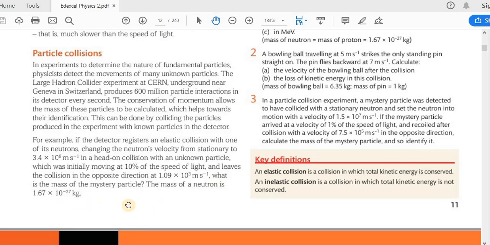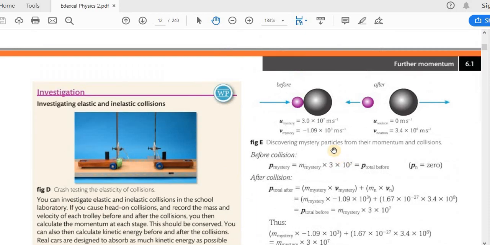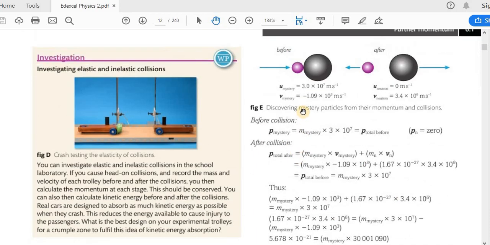When you get a question like this, to make it less complicated, to help you understand it easily and for you to be able to solve it easily, the best thing is to draw a diagram. Okay, so here is the diagram before collision. Let's again look at the question and look at the diagram so that you have a better understanding of how to solve the question.